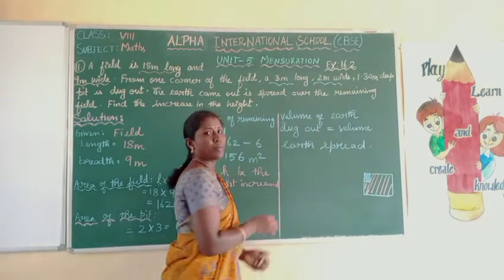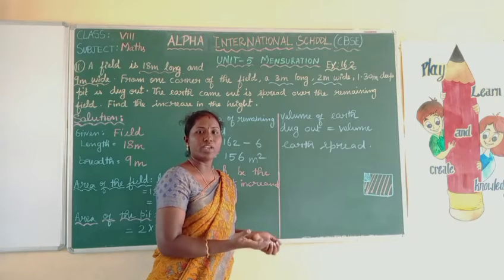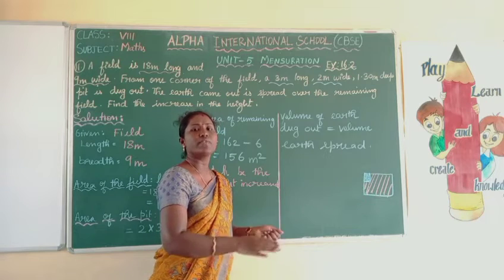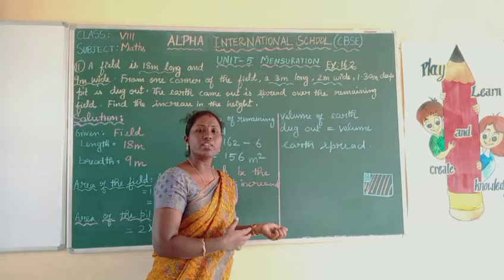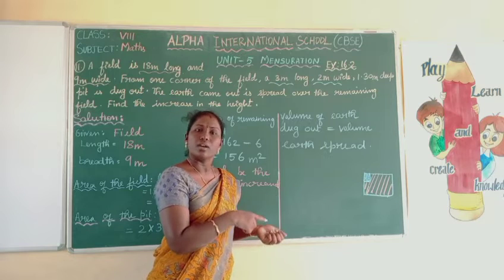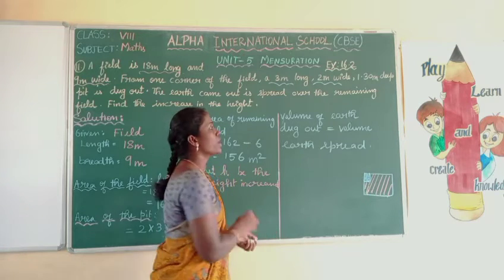Because whatever earth we have in our hand after digging out, that earth only we are going to spread out. So the volume of earth dug out should be equal to the volume of earth spread out. So we are going to equate this.